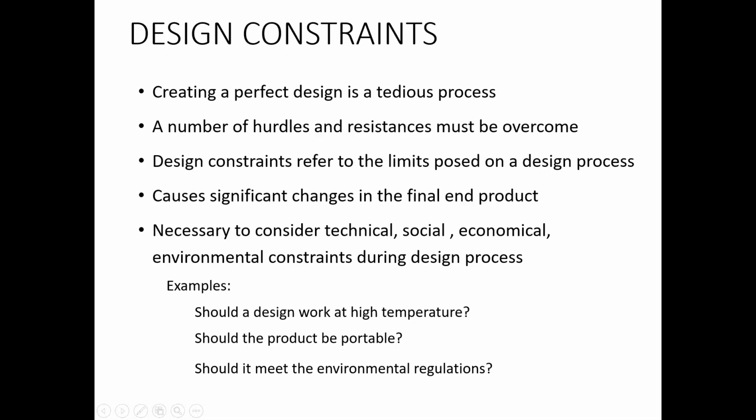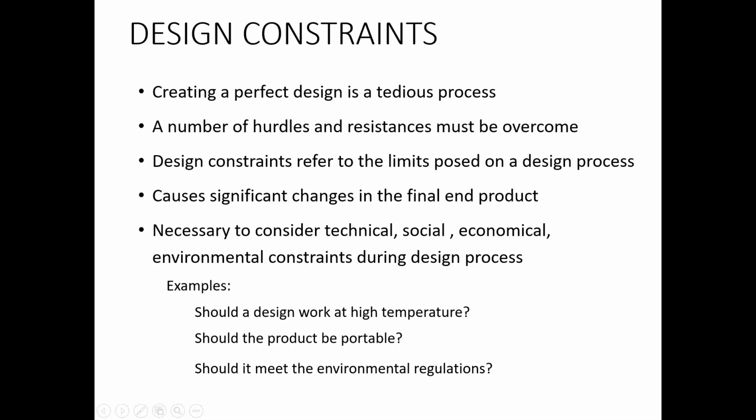So the initial sketch made for the particular product by the design engineer will be very much different from the final end product design because a lot of design changes will be happening intermittently, so that all these constraints and requirements have to be incorporated into the product.